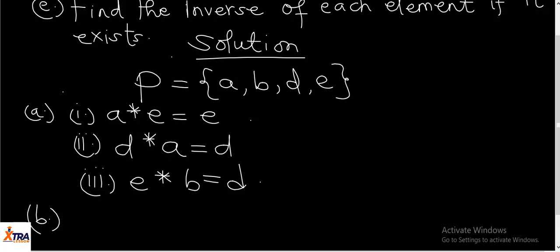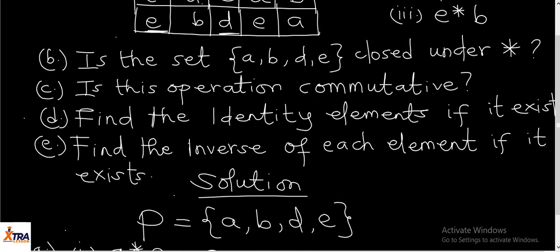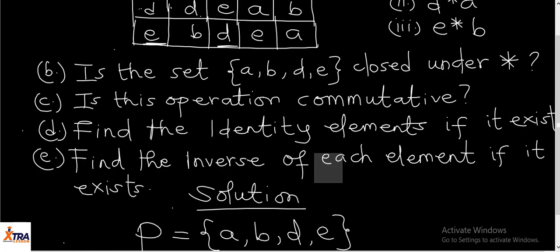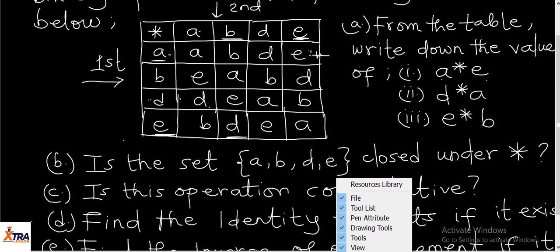For the B section of this question, we were told to determine if the set ABDE is closed under the operation asterisk. To determine if it is closed, we need to consider all the elements that are inside the table and decide if all of them are members of the set, if all of them are elements of the original set.